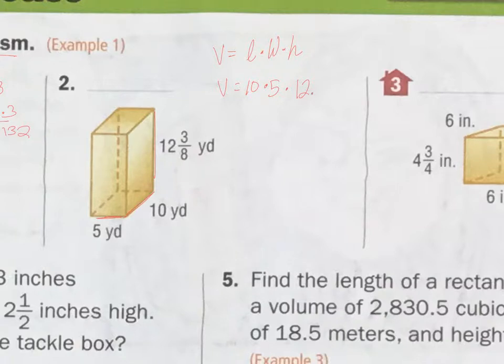that gets me 0.375. So let's do 10. Volume equals 10 times 5 is 50 times 12.375. Okay, 50 times 12.375 gets me 618.75.